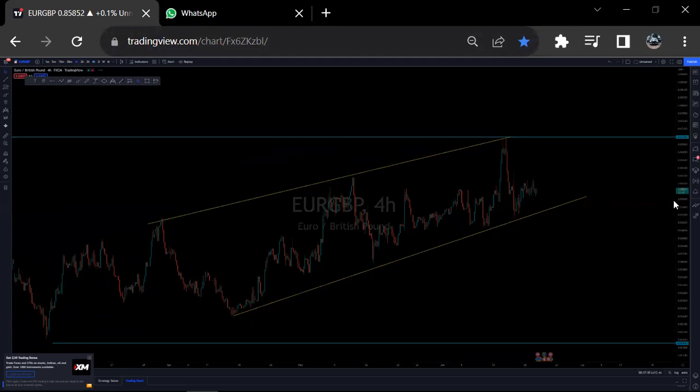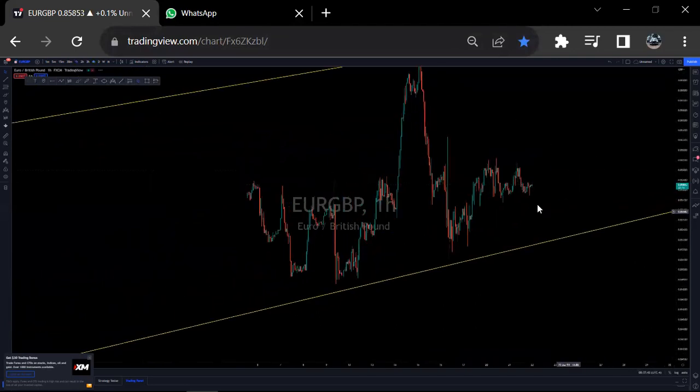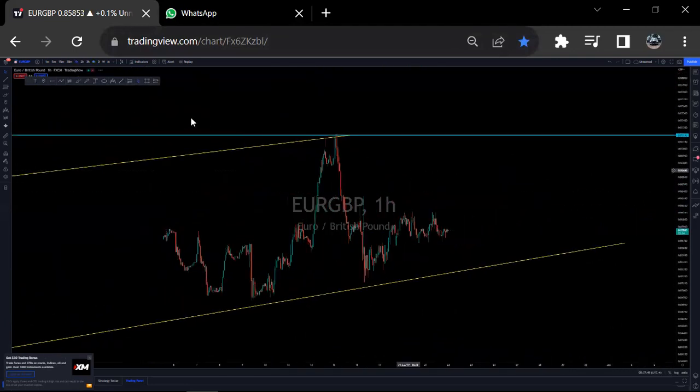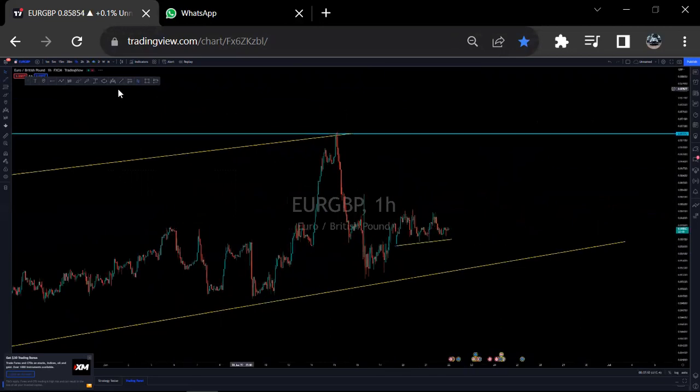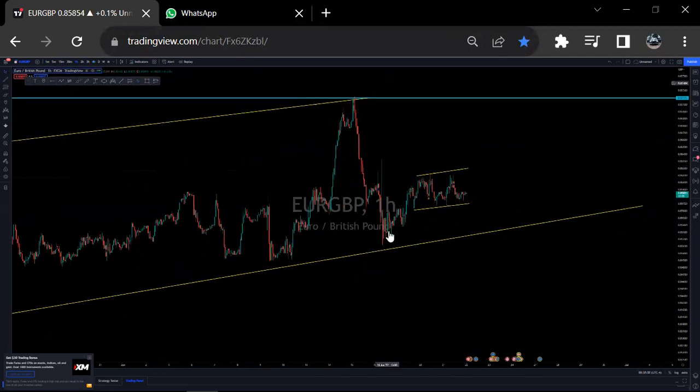But I see a correction here. Yeah. So this is the correction that I'm having. So as I was taught, impulse, correction, impulse.